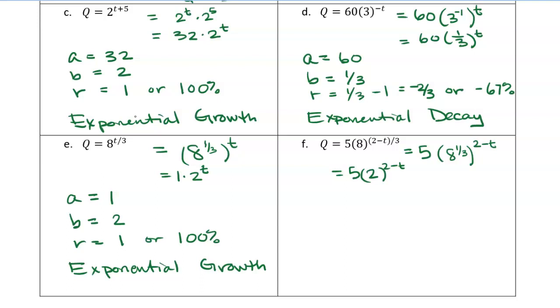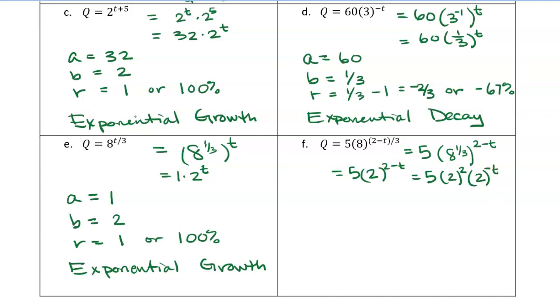Now I have basically 2 plus a negative t. So I can break that up into 5 times 2 to the 2 times 2 to the minus t. That's supposed to be minus t, that minus got lost.